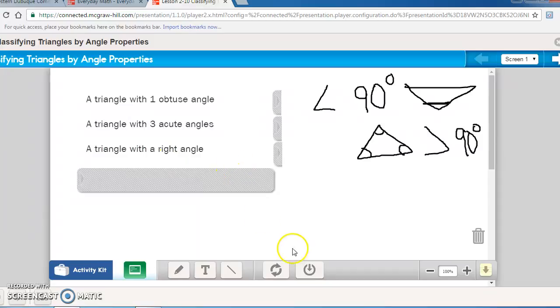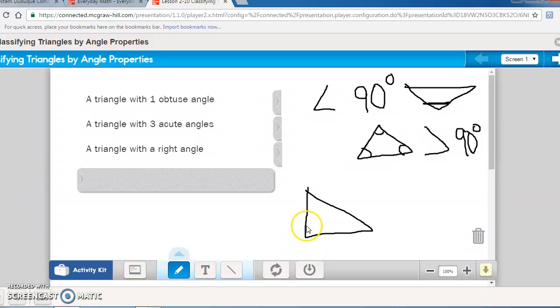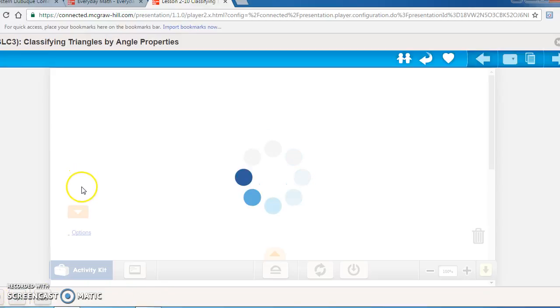A triangle with a right angle. That was a triangle I drew you earlier, where you kind of start out making your capital L and then connecting it. Right down in here in your corner, if you did it properly, is your right angle.